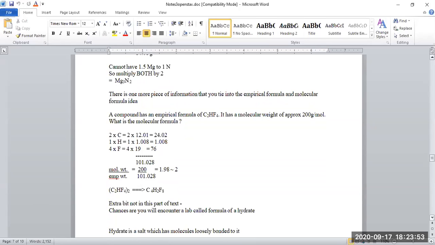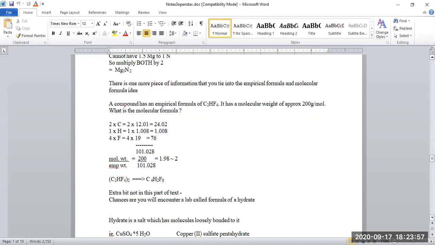So I created one here where I gave you the empirical formula as your starting point, C2HF4. But then I gave you an additional piece of information. And it's not an exact. Note it says approximately 200 grams per mole for your molecular weight.